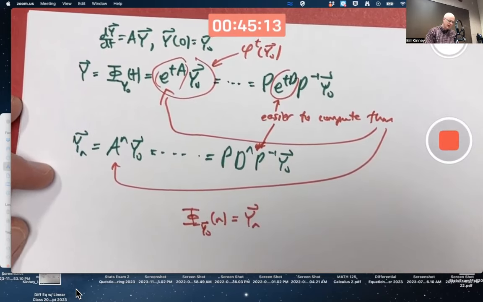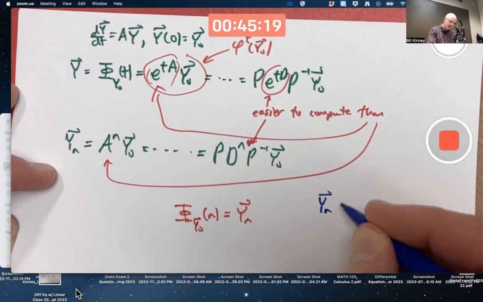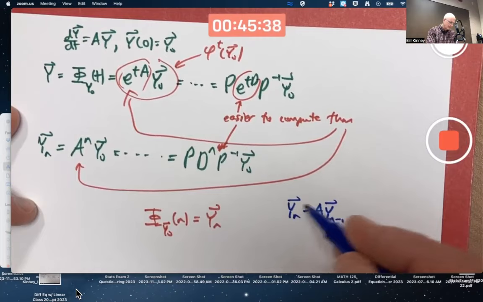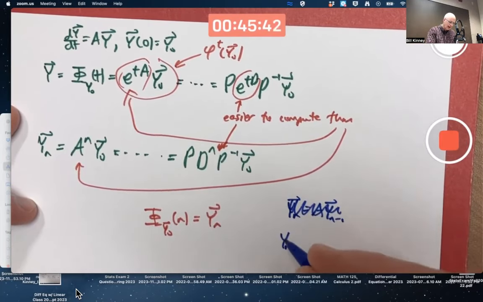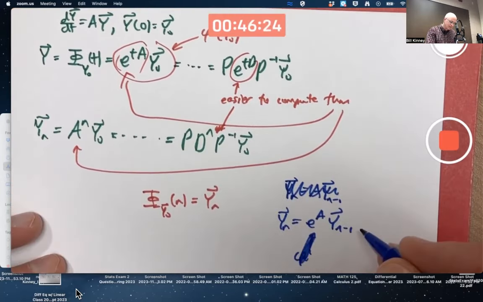where the original difference equation is y_n equals A times y_(n minus 1). Oh, no, to connect the two when you're talking about differential equations, it's a different one. It's y_n equals the matrix exponential, e to the A, times y_(n minus 1).